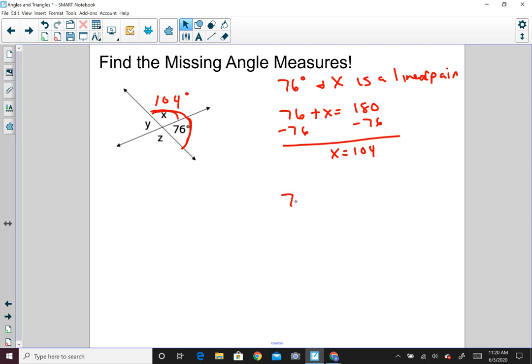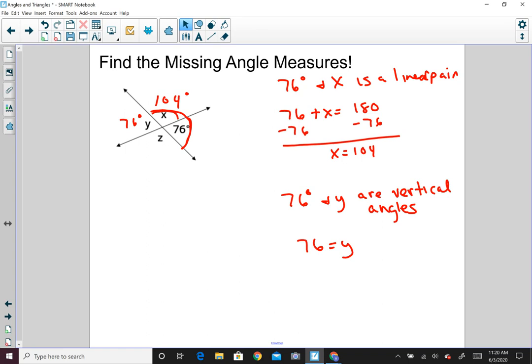Well, 76 degrees and y are vertical angles because look, they're intersecting lines. They're straight across from each other. So they are vertical angles. And I know vertical angles are equal. So I know 76 equals y. So I can put my 76 in. Then I got 76 in z.